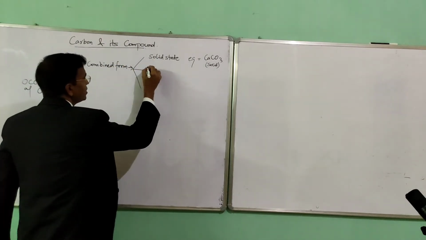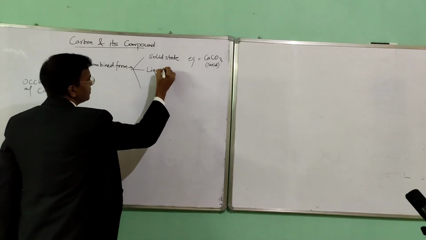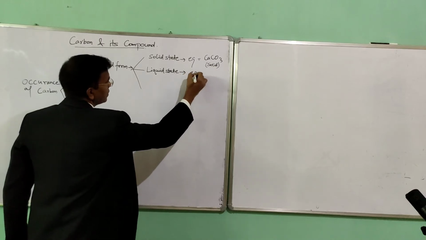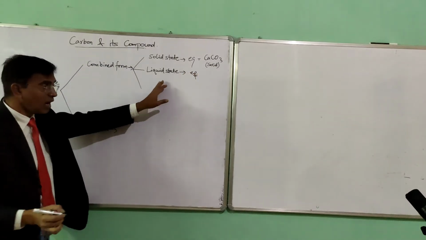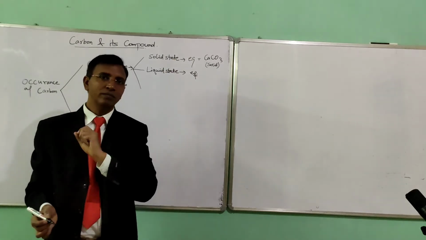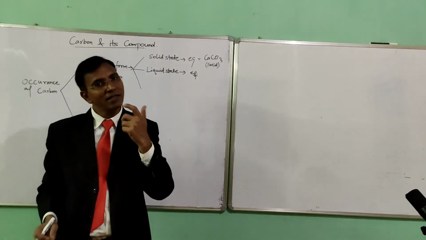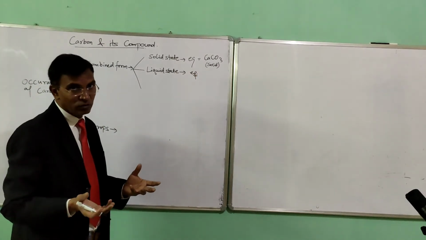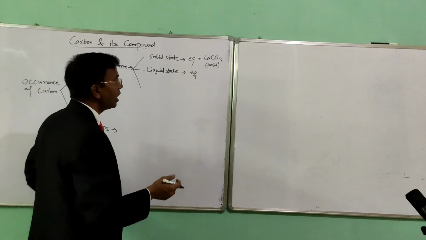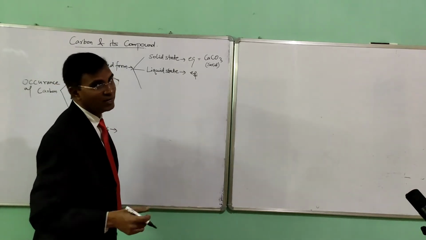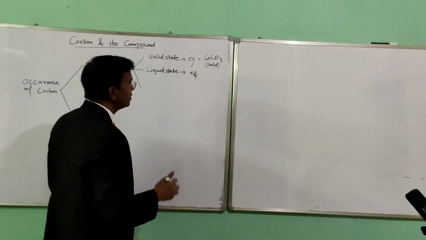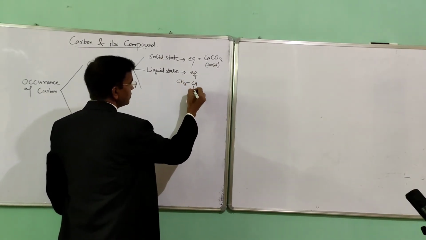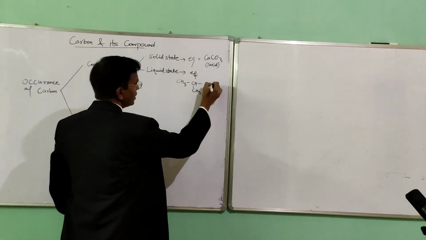The next is the liquid state, where carbon is present in liquid form in combination with other elements. For example, the petroleum gas we use in the house, right? In the cylinders, the LPG cylinder is there. So isobutane, propane, so it is CH3, CH, CH3 and CH3.